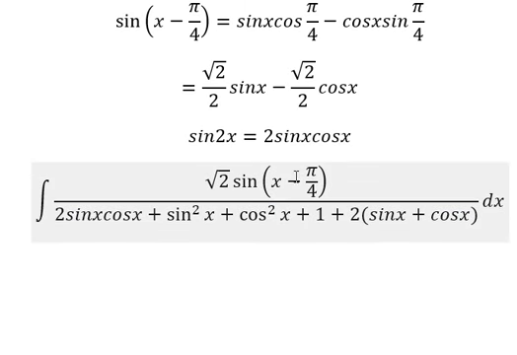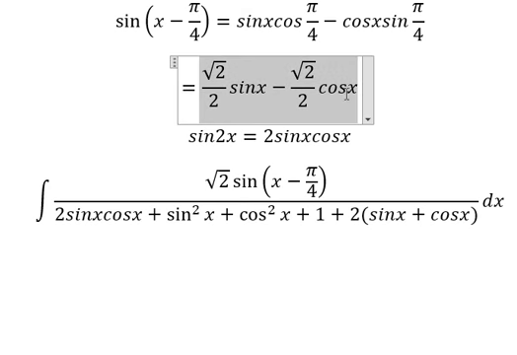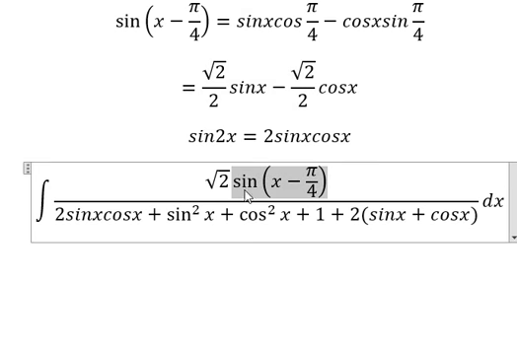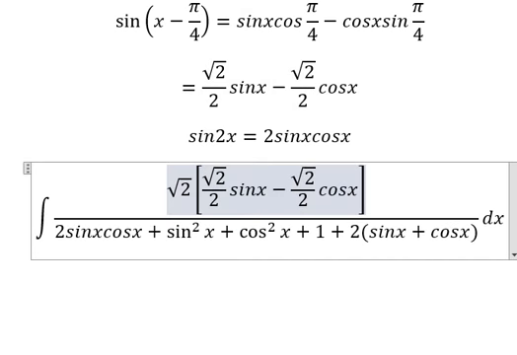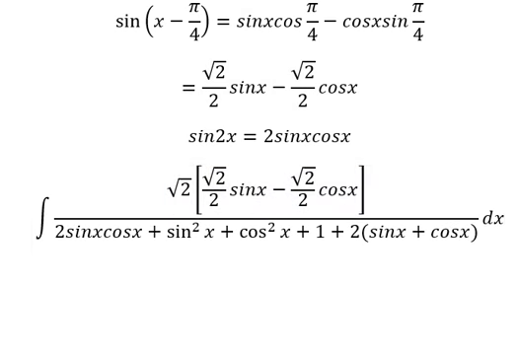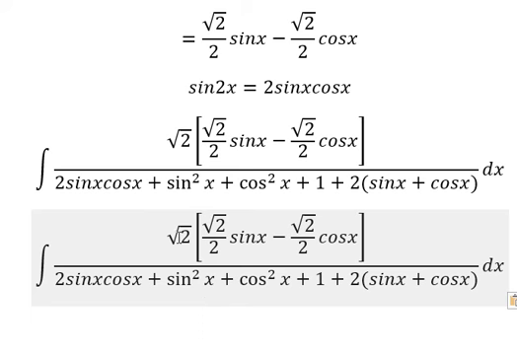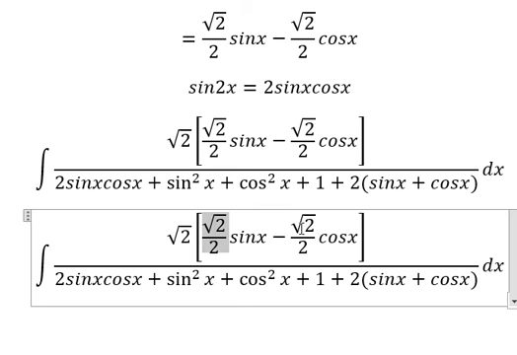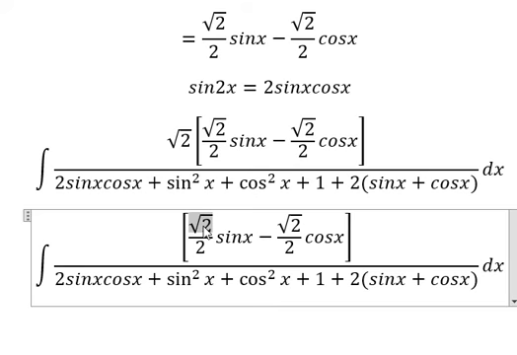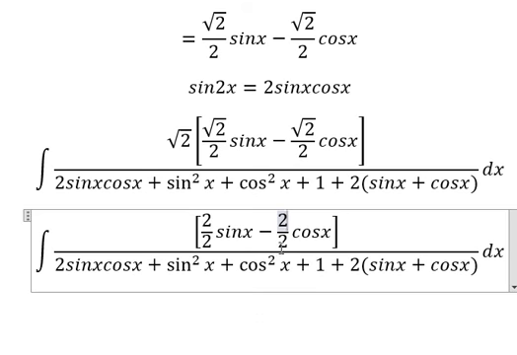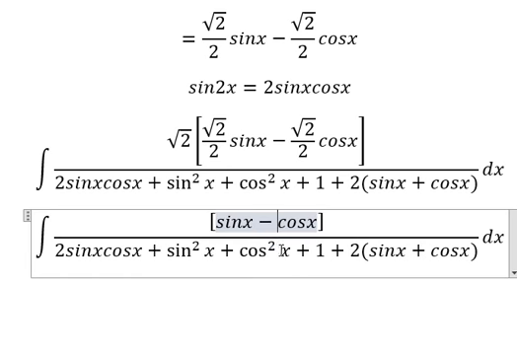Sine of x minus π over 4, we change for this one. So the square root of 2 multiplied by this one and this one. So you get 2 in here and 2 in here. 2 divided by 2, they will cancel. This one is an identity.